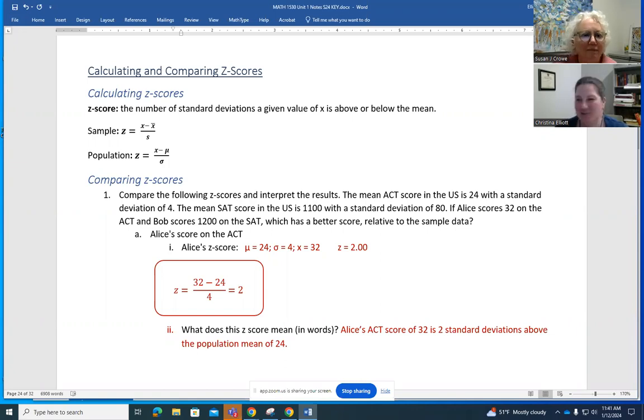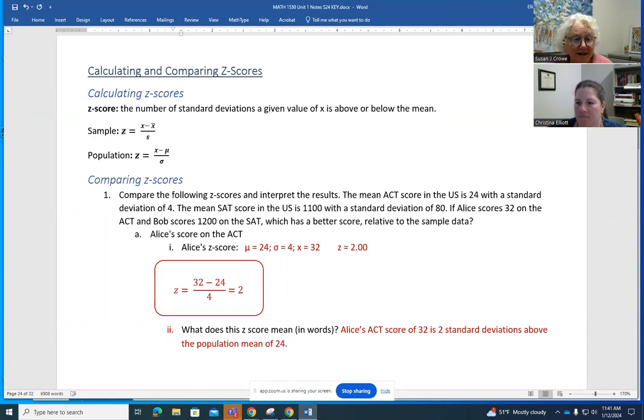We're going to talk about Z-scores. It's another measure of relative standing. We looked at box plots and the 5-number summary, which is a relative standing based on medians.